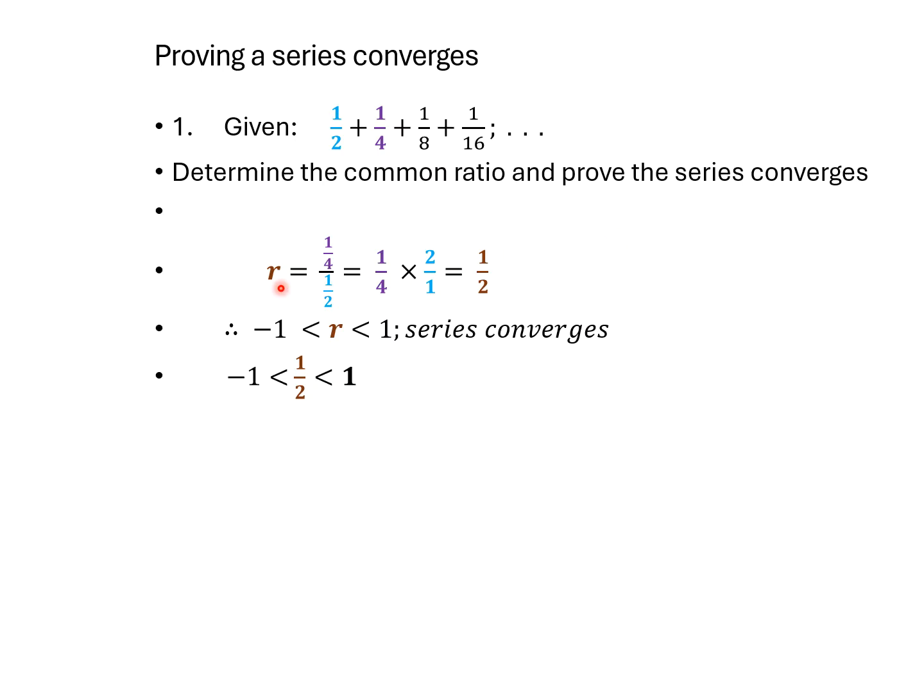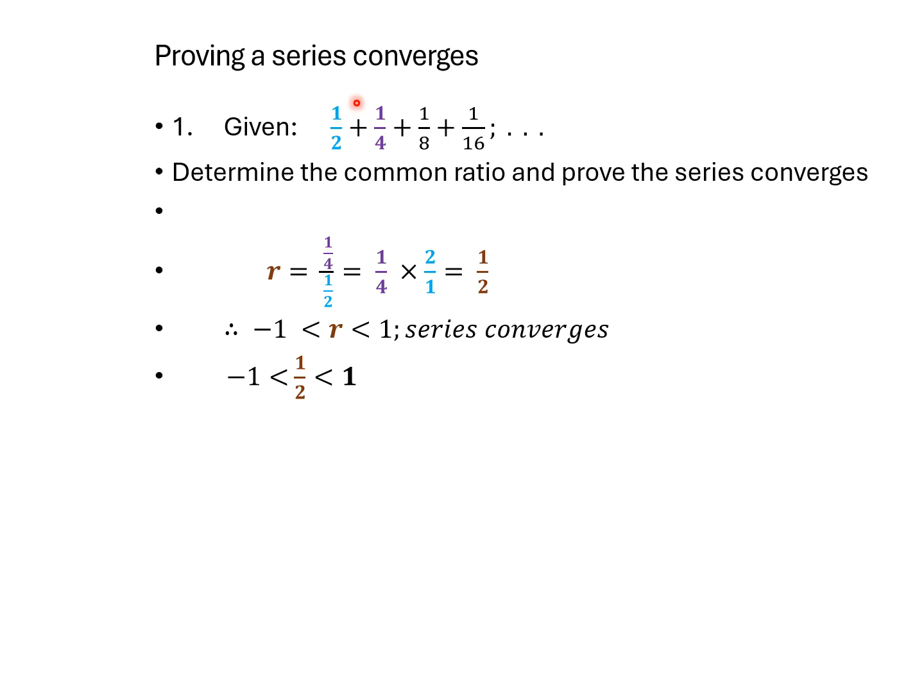So first, r would be term 2 divided by term 1, so a quarter divided by a half. It's the same as a quarter, change division to multiplication, and that becomes times 2 over 1. 2 goes into itself once, 2 goes into 4 two times. 1 times 1 stays 1, 1 times 2 becomes 2.